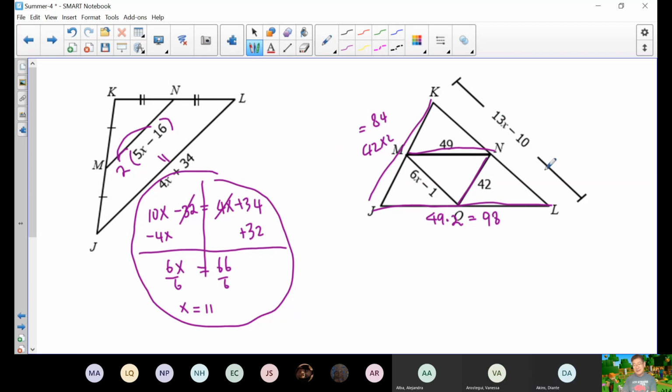How do you get this line? You multiply this by 2, right? And you get this line. So when you do that, 12x minus 2 equals 13x minus 10. Okay? Negative 13x plus 2. So it's negative x equals negative 8. X equals 8.